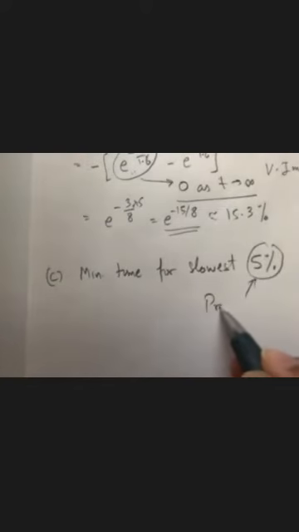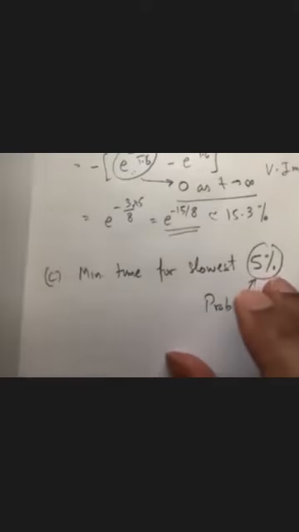Here the probability is given, and we have to find the time. So it's the reverse question.